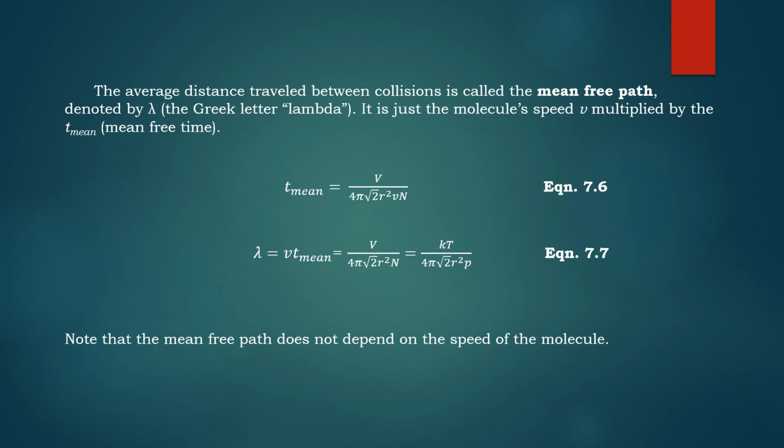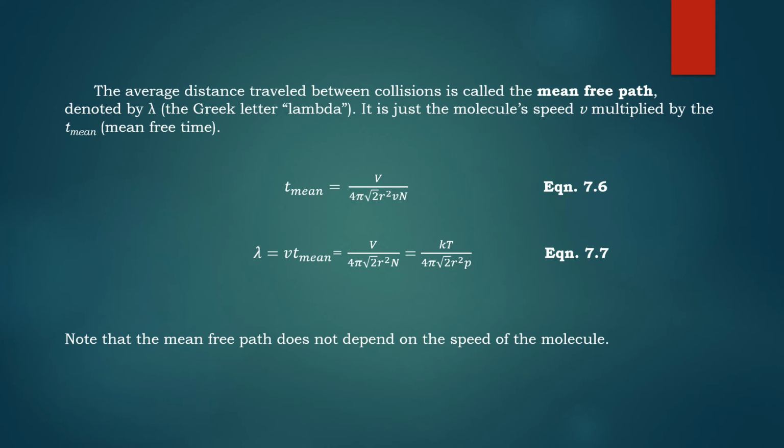The average distance traveled between collisions is called the mean free path, denoted by lambda. It is just the molecular speed multiplied by the mean free time. The mean free time is equal to the volume V over 4 pi square root of 2 r squared V times n.